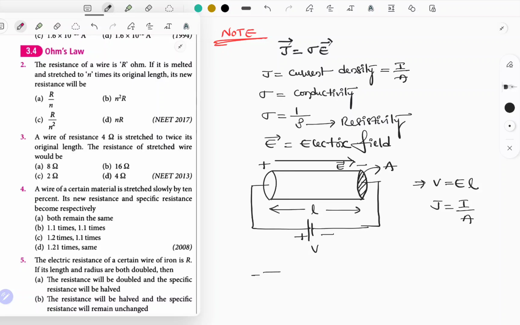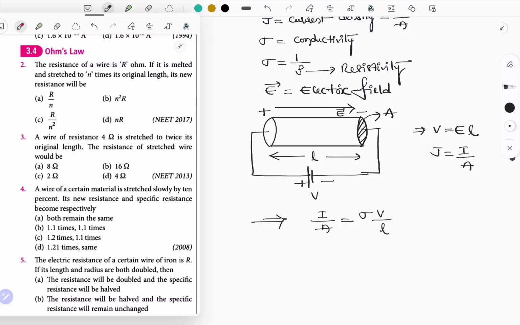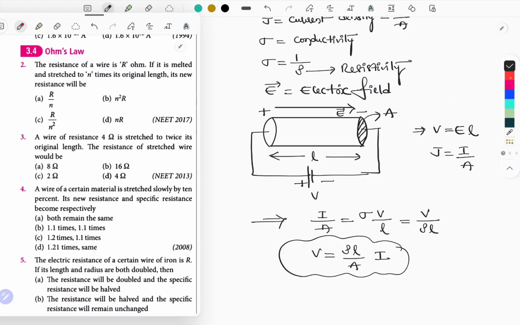Let me substitute these two values. J can be replaced as I by A, which is equal to sigma into E, where E can be replaced as V by L. From this, let me write down the relation for V. V is equal to sigma, which can be replaced as 1 by rho, so 1 by rho L. Then V is equal to rho L by A into I. This is the formula we use in numericals.